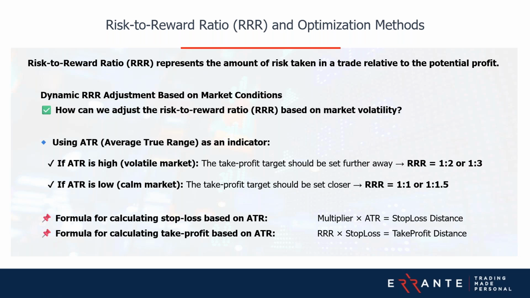But how can we evaluate our stop loss and TPs using ATR? Okay, applying ATR to stop loss and take profit calculations. Now, let's get into the formulas traders use to calculate dynamic stop losses and take profits based on ATR. As you see here, the formula for calculating a stop loss based on ATR is: stop loss distance should be a multiplier times the ATR value.